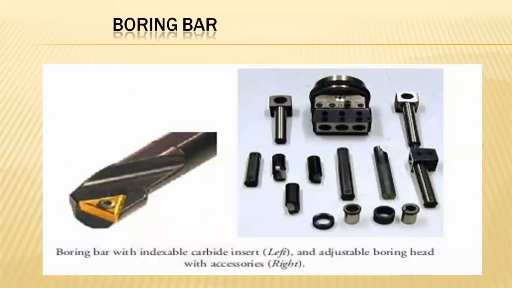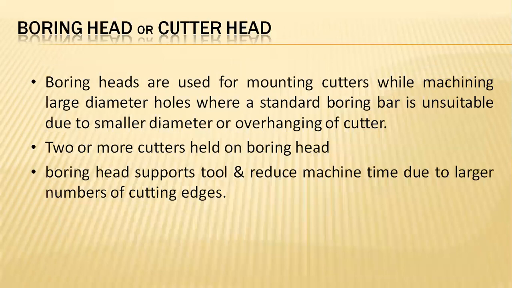These are the boring bars which are used for commencing the activities and holding up the tools. And what is the basic difference between a boring head and a cutter head? Both are similar as per the nomenclature and as per the design criteria or utilization of the machinery. We call the terminologies according to our convenience.